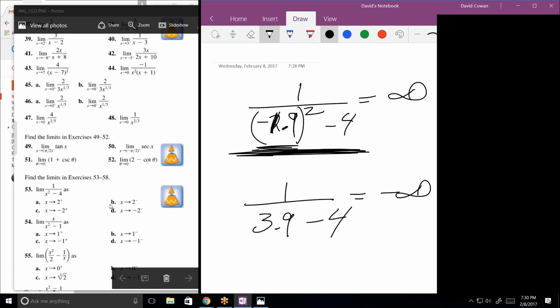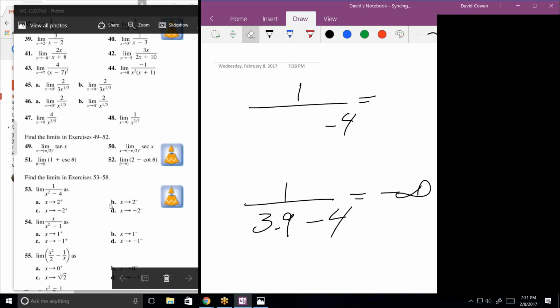Wow, I screwed this one up too. I was doing C and D, because I was approaching -2 in both cases. Okay, well, let's go back and do A and B. Well, A, we're approaching 2 from the right, so this is going to be like 4.1 after I square it.